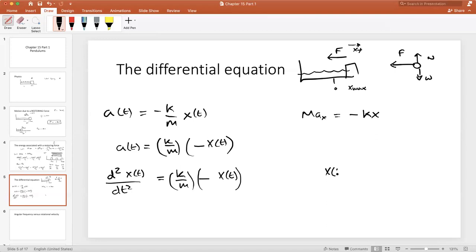So if we let x(t) equal some maximum value of x times either cosine of omega t, where omega is just some angular frequency, or sine, okay? It doesn't have to be either one of these.